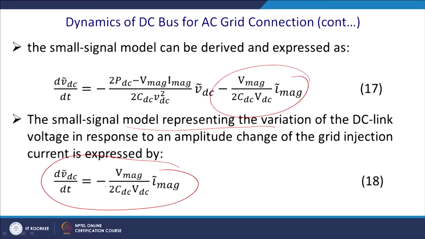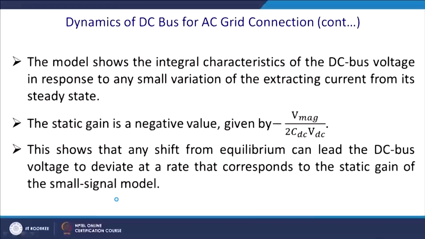So this will be your voltage ripple in the capacitor at the input to the grid side inverter, and thus the model shows the integral characteristics of the DC bus voltage in response to any small variation in the current extracted from its steady state.